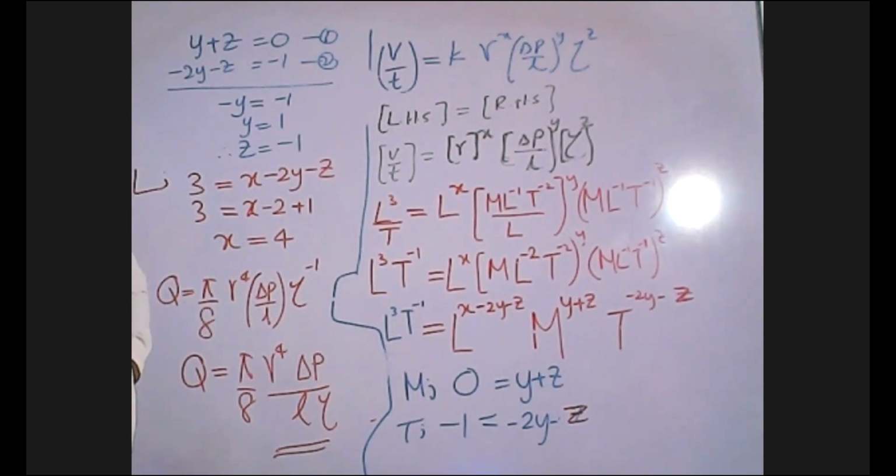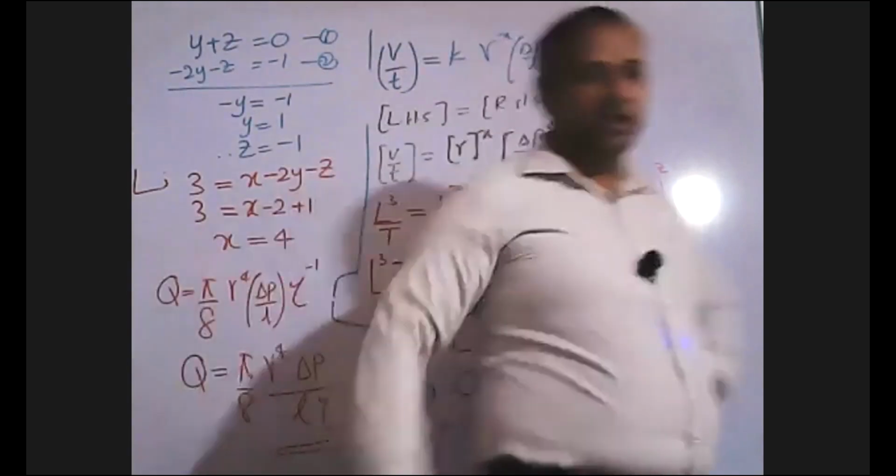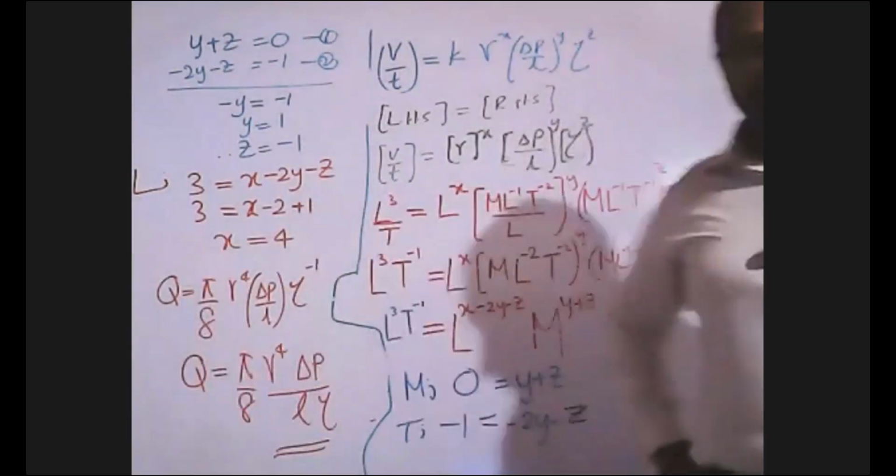Good. Others? So this equation is called Poiseuille's equation. Okay.